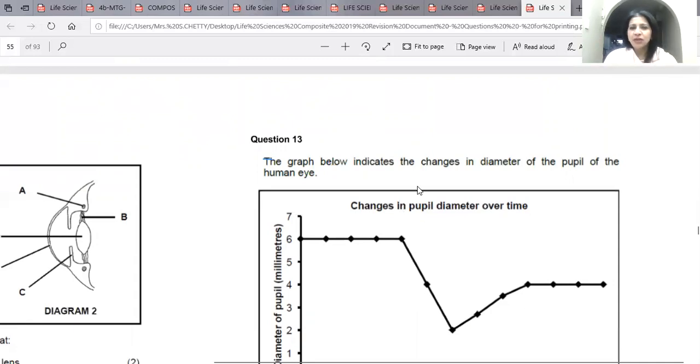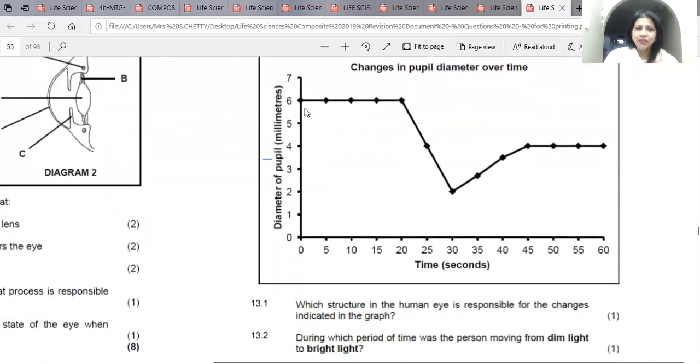The graph below shows the changes in diameter of the pupil. Remember, the pupil is a circle of the human eye. If you notice from there to there, the diameter of the pupil was the same. So from there to there, the light intensity was the same. Then you see the diameter of the pupil went from 6 down to 2. So the pupil became smaller and smaller.